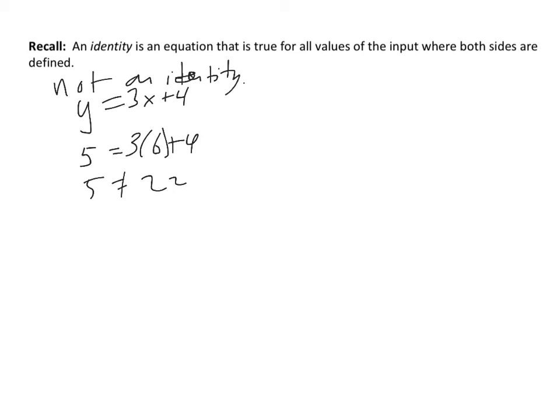Okay? I think one of the earliest identities that you have encountered is the difference of squares. a squared minus b squared equals a plus b times a minus b. It doesn't matter what I plug in for a and b. I can plug in anything I want, as long as it allows the sides to be defined, this will always equal this.